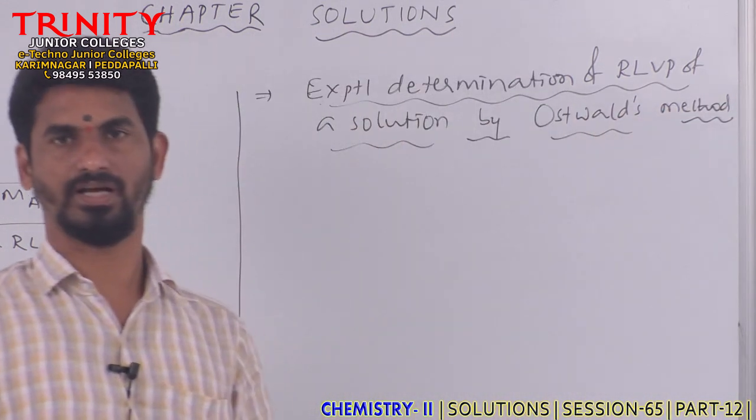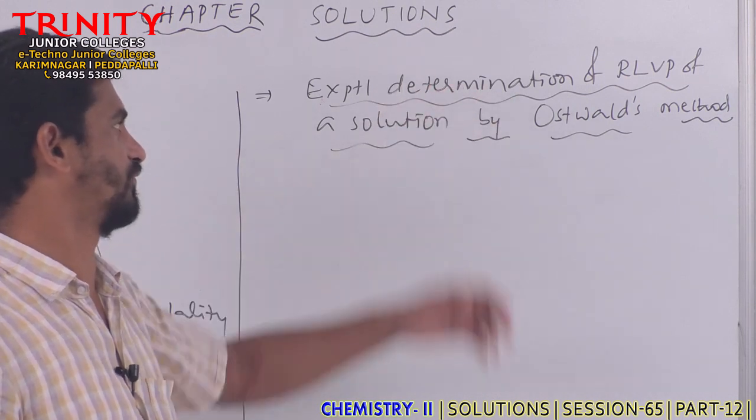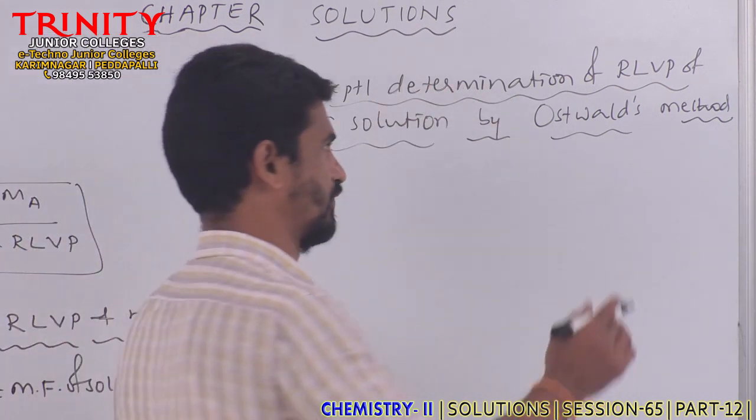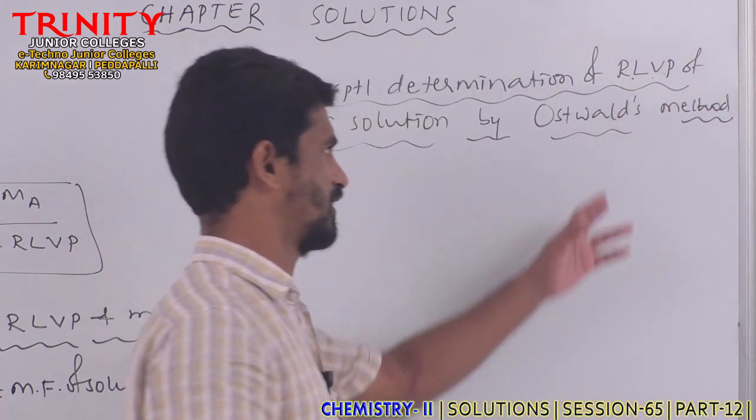We are going to calculate the relative lowering in vapor pressure of a solution by using Ostwald's method.